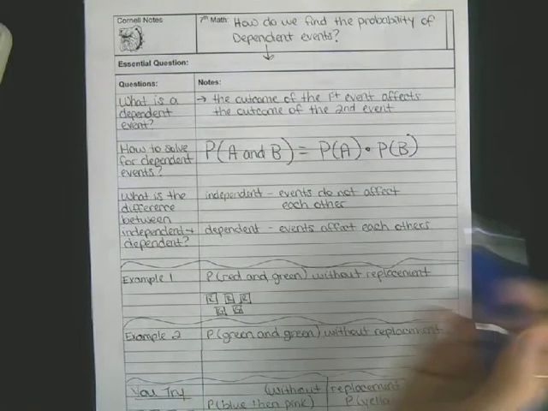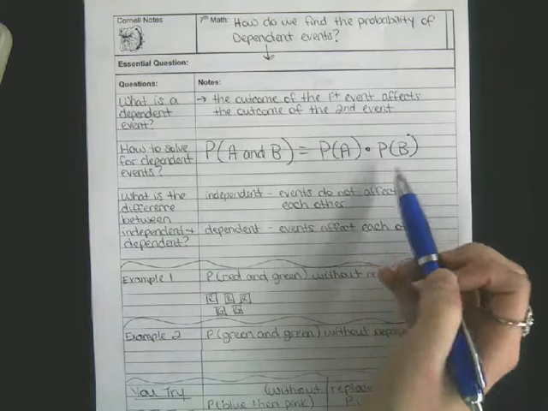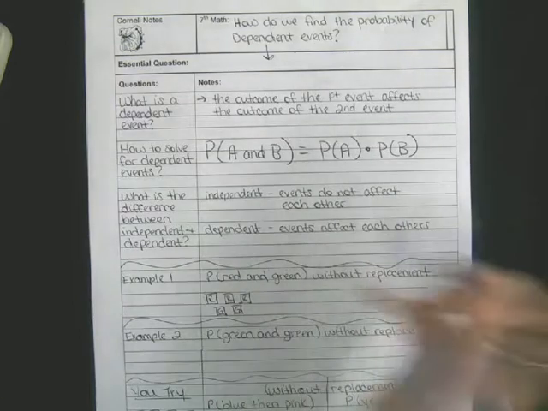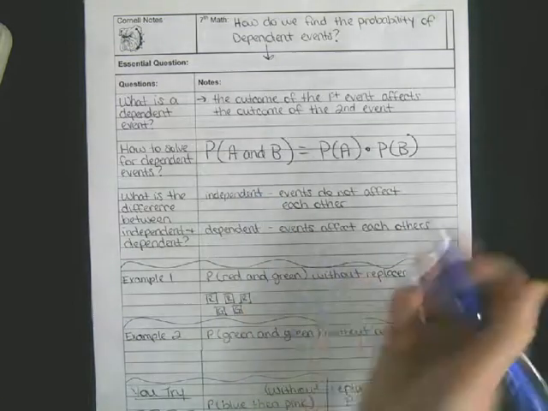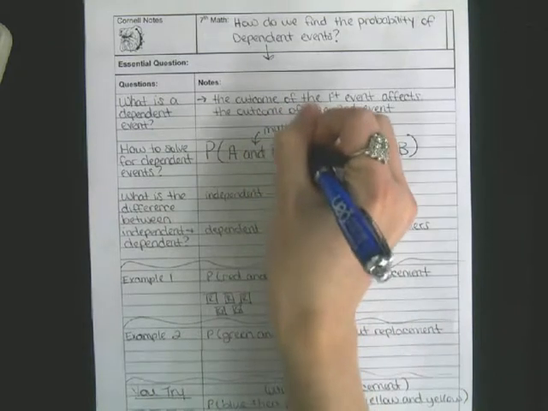So the probability of the first action times the probability of the second action is going to find the total probability for A and B. Please keep in mind, whenever you see the word "and," you are going to multiply.